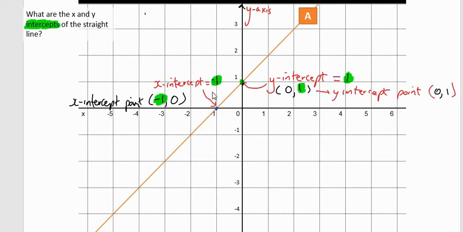For the intercept, there's only one value. You're just reading off the value that you see on either the x-axis or the y-axis, depending on which intercept you're asked for. So if they ask you for the x-intercept, you just simply read off the x value.